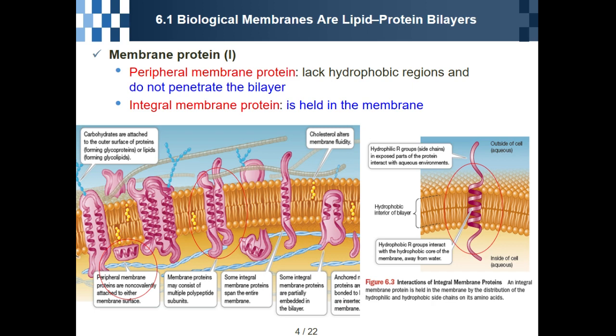The important thing is that integral proteins, the proteins located inside the membrane, are very hydrophobic. However, peripheral proteins lack a hydrophobic region, so they cannot penetrate the membrane. Integral proteins have a hydrophobic region, so they can penetrate the membrane like this.